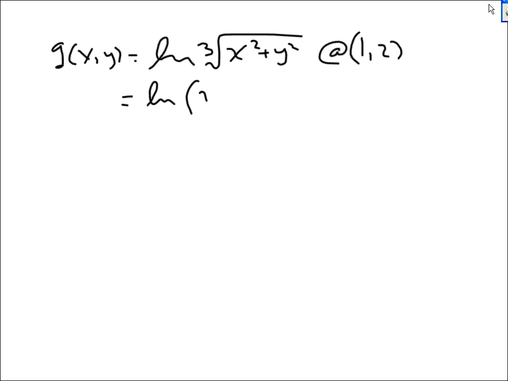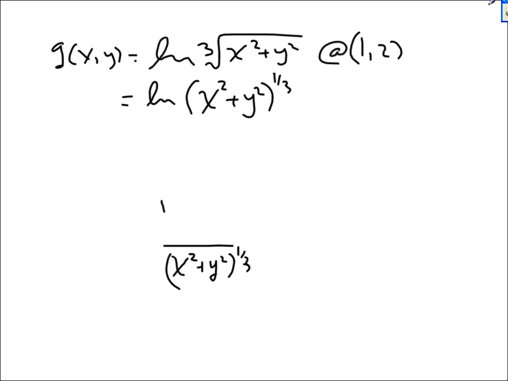You want taking the derivative to be easy. Cube root means to the third. Now, you can take what I'm taking ln of and put it in the bottom, and then figure out what the derivative of that is and put it on the top.